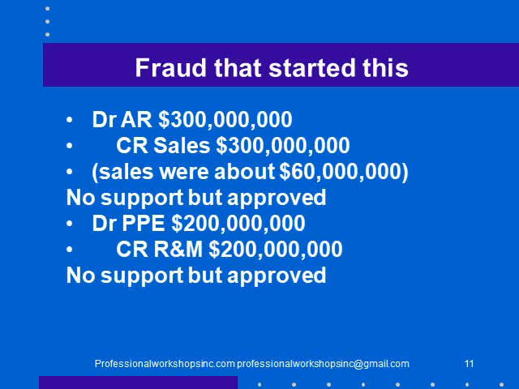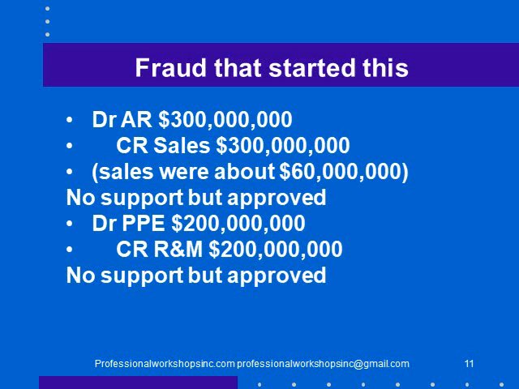And I'm not exactly sure how the auditors missed this, but they spent, for instance, a lot of time on the $60 million in sales and appeared, don't quite understand, appeared to have not noticed the $300 million journal entry. I kind of don't understand that. I think if I were doing the audit, I hope if I were doing the audit, I would have gone, where the heck did that come from?